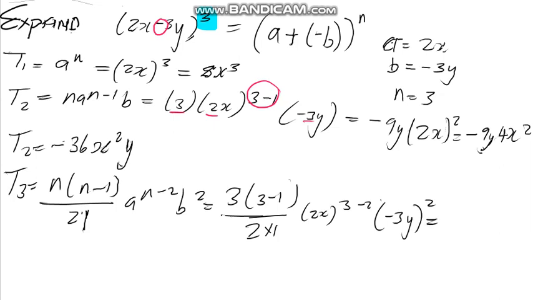Then this will give you 3 into 2 divided by 2. Then you've got 2x there, and you're going to multiply it times 9y squared.